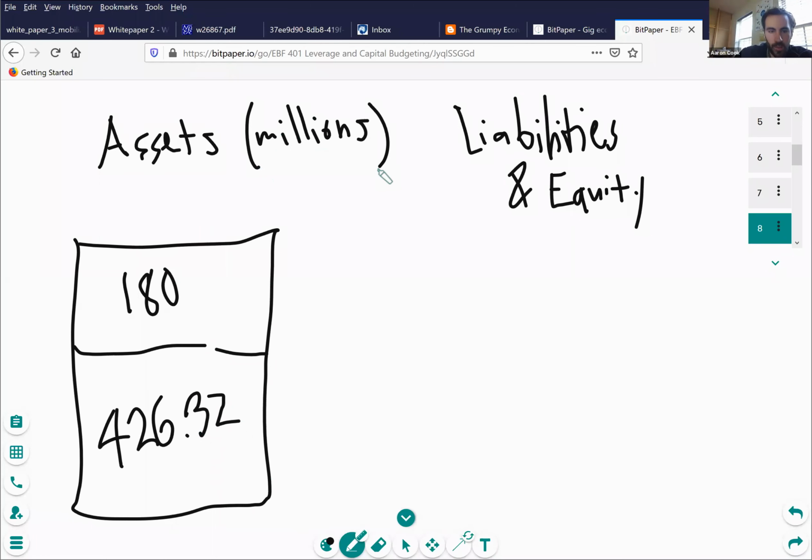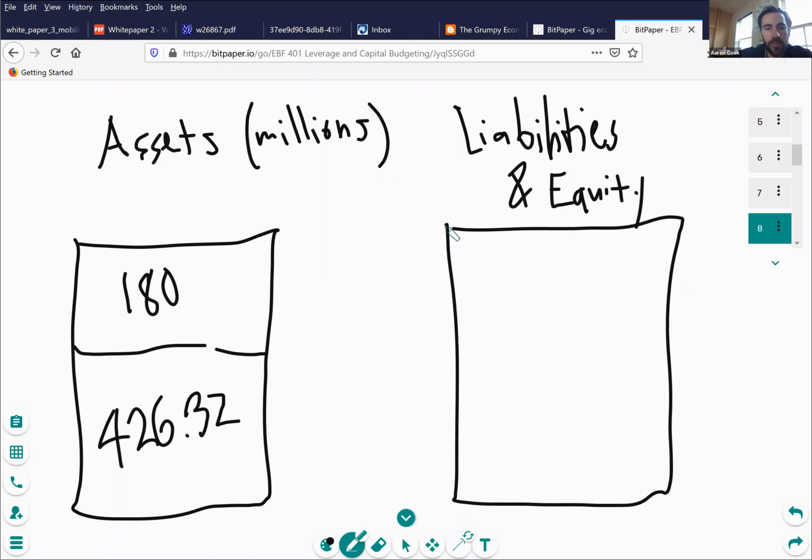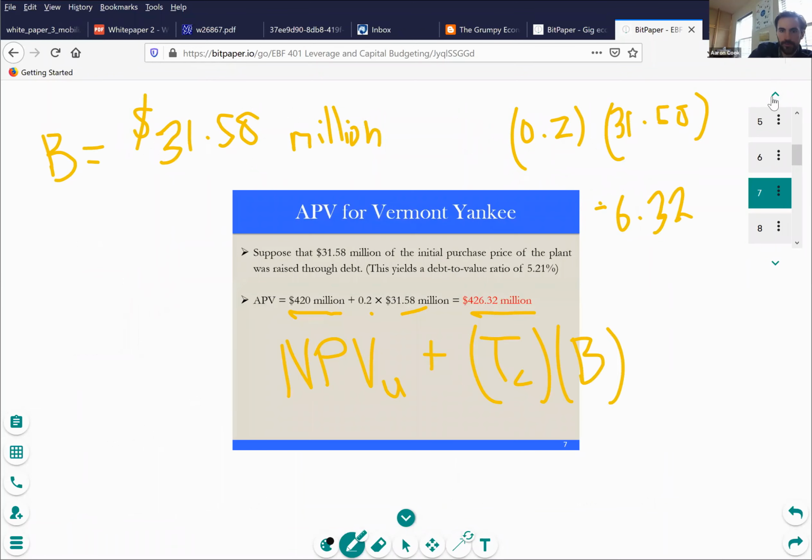So that's the overall asset side of the balance sheet. On the liabilities and equity side, if you add these together, this is going to be 606.32. That's the overall size of the asset side of the balance sheet. Now, how much debt do we have? We have 31.58 million.